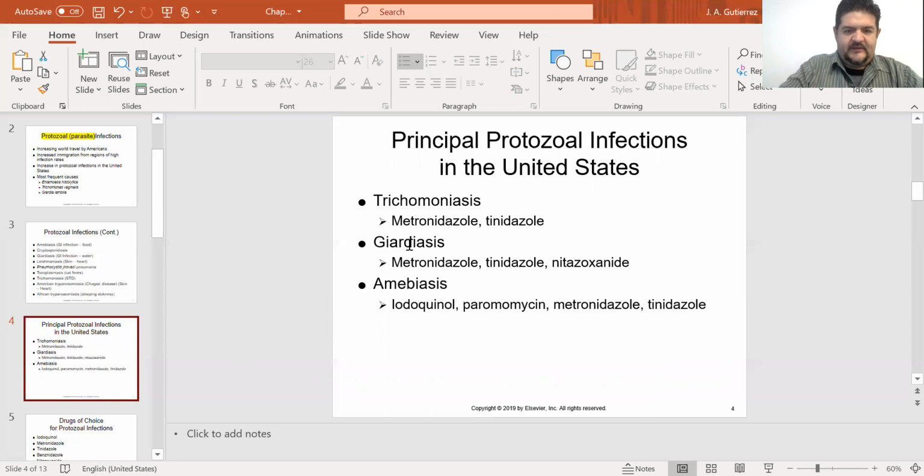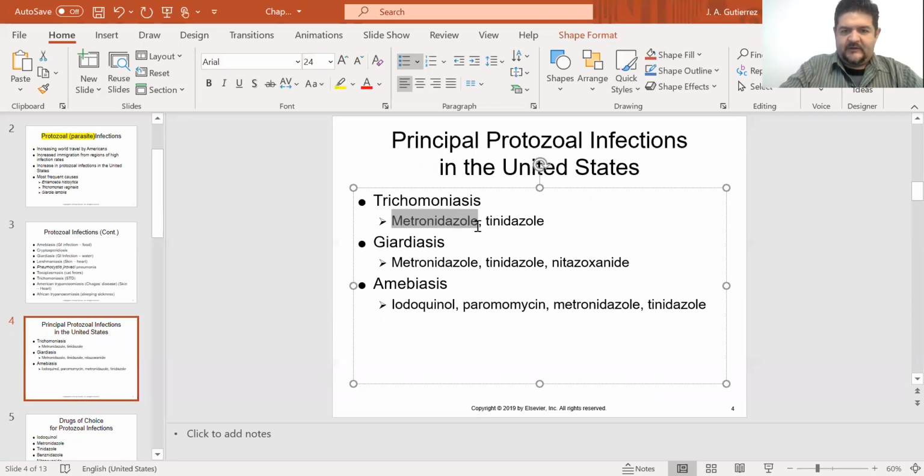As you can see, they're kind of similar regarding treatment. It's very common that a lot of doctors here in the States, when they find out that it's a protozoal infection, don't go much into the details of the parasite and just go directly with metronidazole.